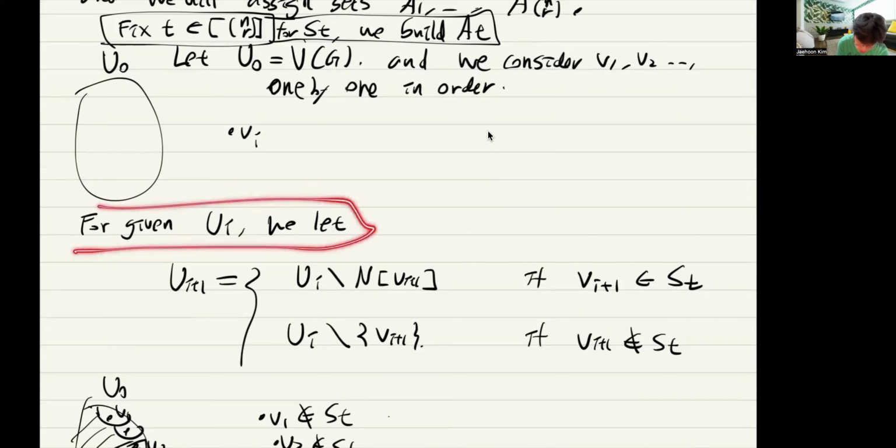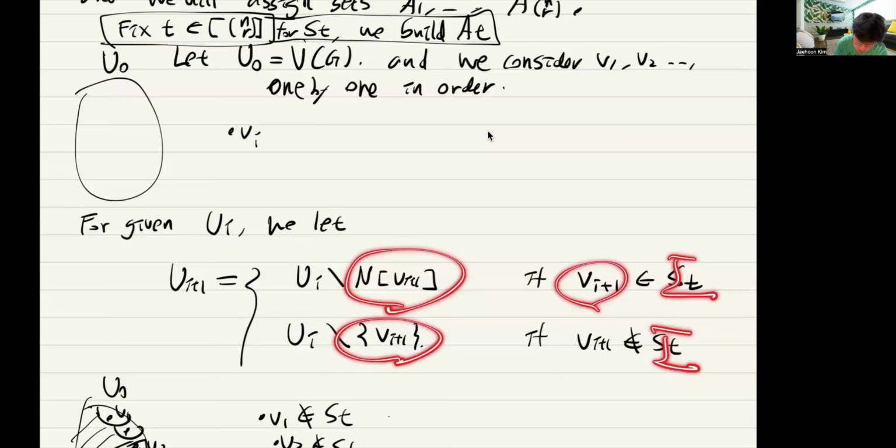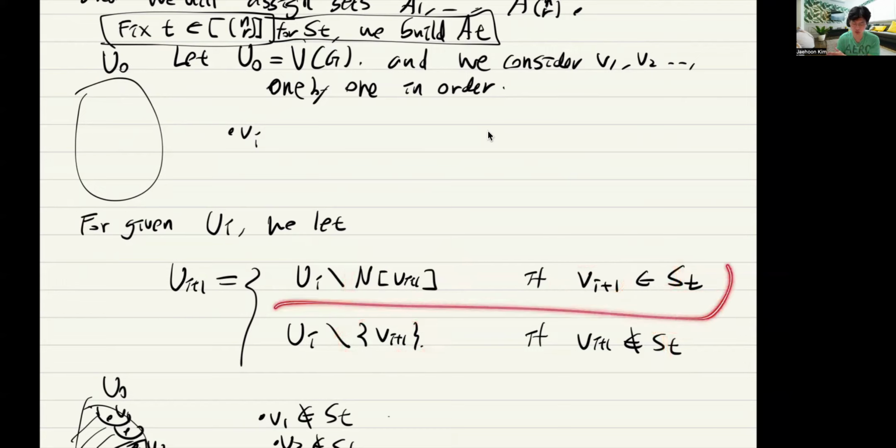You start from U0, which is the entire thing, and then you consider one by one. If this is in I, then you do that. If this is not in I, you just delete it. You do that, but you don't go till the end. You just stop after you've done the first option R times.